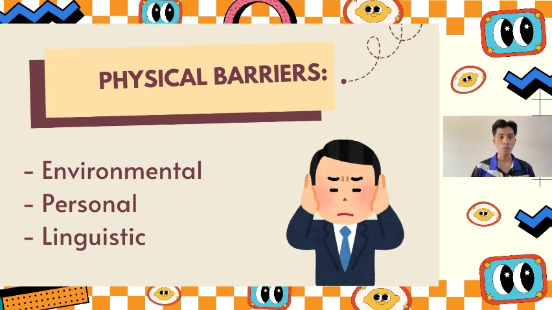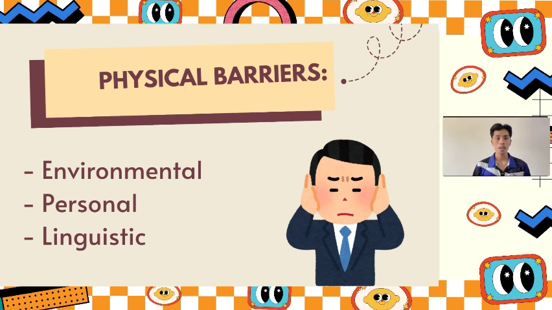A room with hard surfaces that reflect sound, like a large empty hall, can create echoes and reverberations, making speech difficult to understand. Conversely, a room that absorbs too much sound, like one heavily carpeted and furnished, can make the speaker sound muffled.